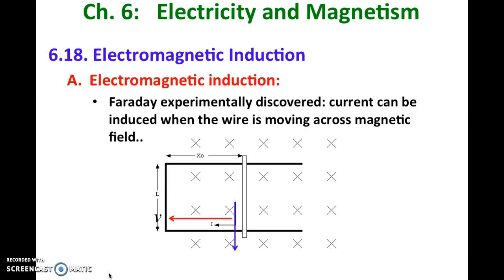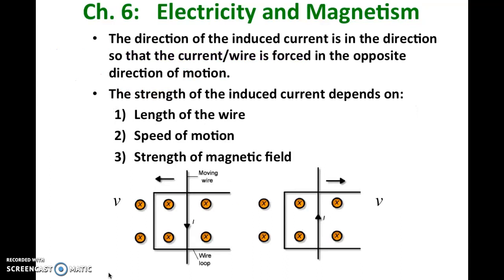The direction of the induced current is such that the wire is forced by the magnetic field in the direction opposite to the motion. The strength of the induced current depends on the length of the wire, the speed of the motion, and the strength of the magnetic field.